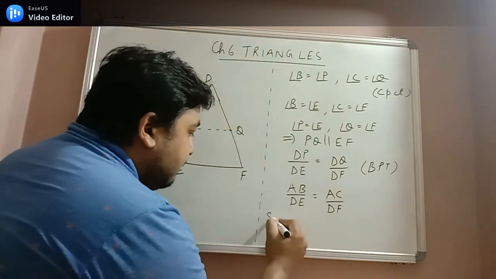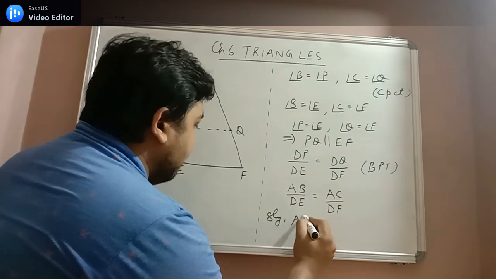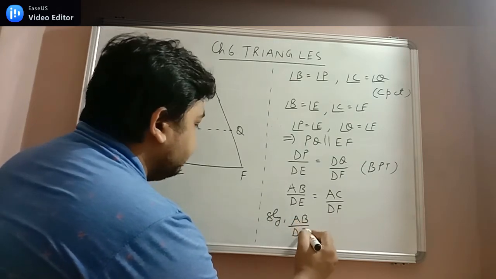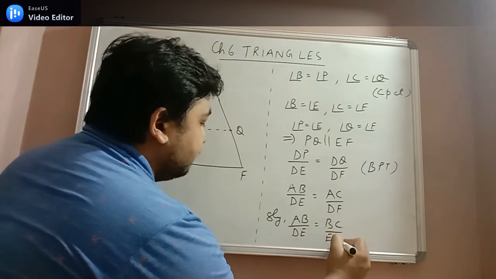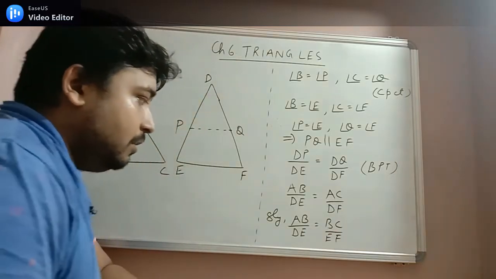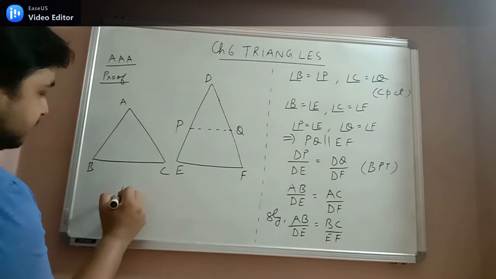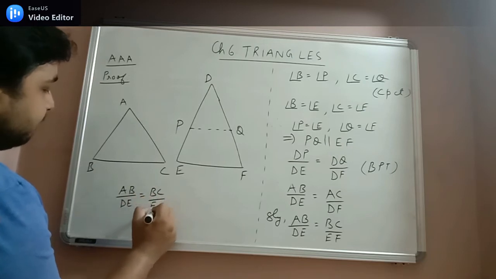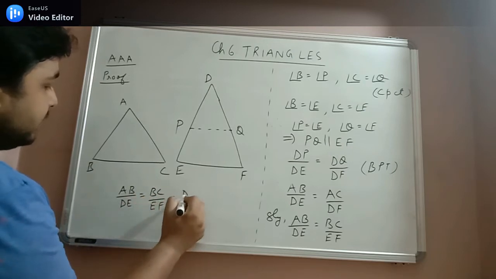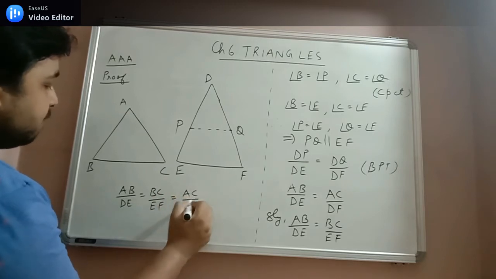Now, similarly, we can prove that AB upon DE equals BC upon EF. So by these two results, one can say that AB upon DE equals BC upon EF equals AC upon DF.